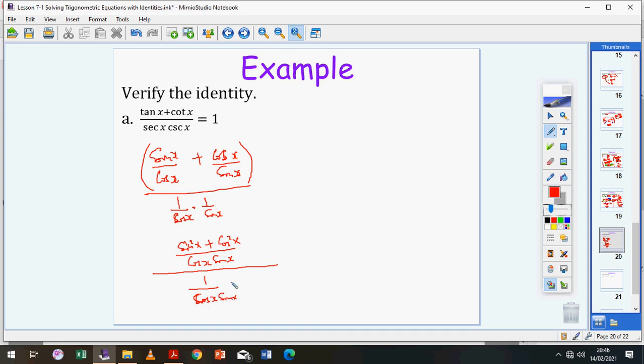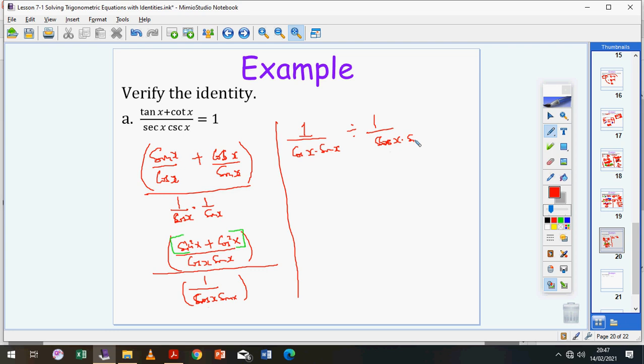So I have two fractions that are being divided. I'll just do KFC. Keep the first one. Oh, by the way, I hope you saw that in the numerator of the first one, I have sine squared x plus cosine squared x, which we know is 1, divided by cosine x times sine x. That whole fraction is being divided by 1 divided by cosine x times sine x.